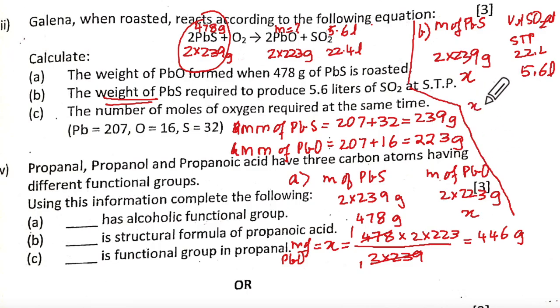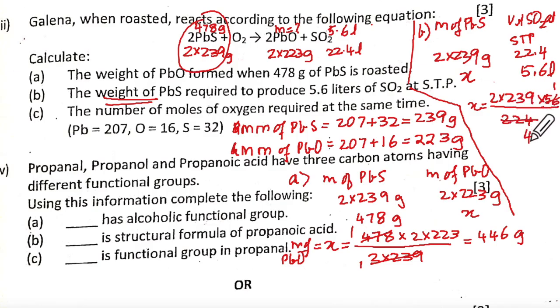What will be our X? Numbers across multiply. So 2 into 239 into 56, and I'm removing 1 decimal and 224. Now 56 goes how many times? 56 2s 112.